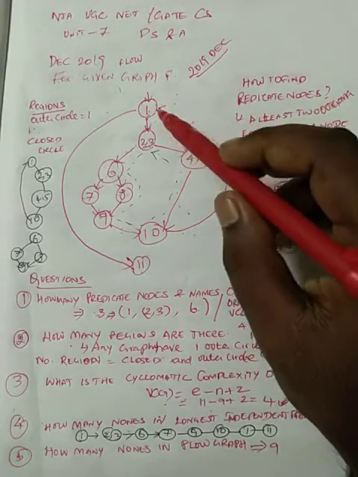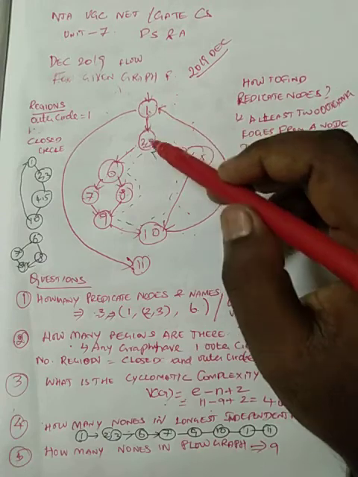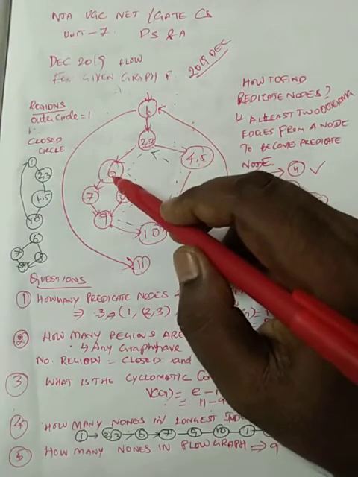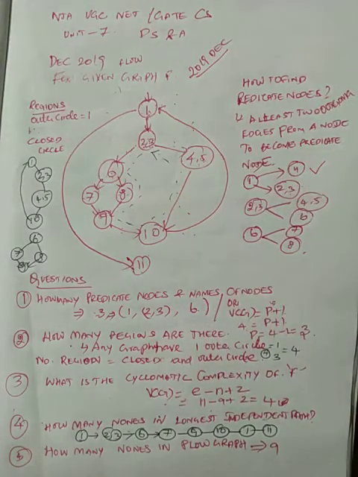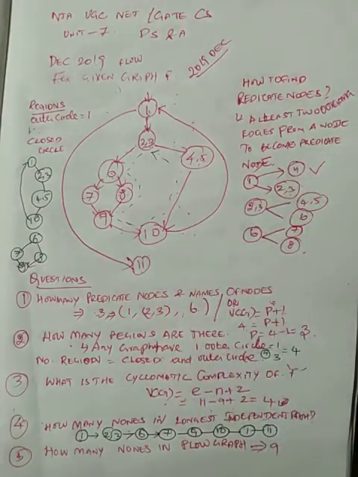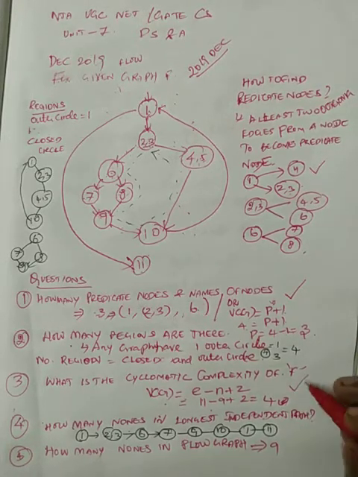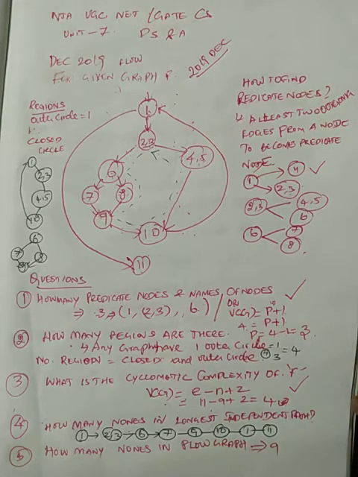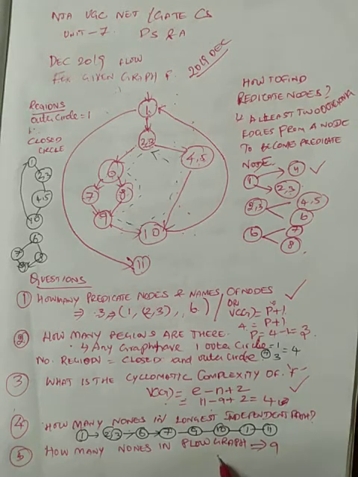So the answer is: 1 is one predicate node, 2,3 is another, and 6 is another. So totally 3. Now question number 1 is solved, question number 3 is also solved, and question number 5 is very simple.